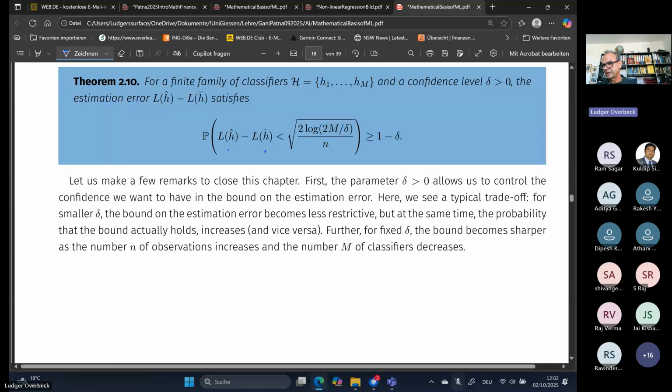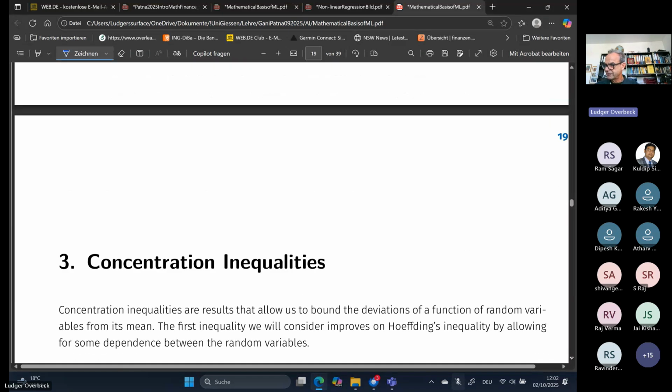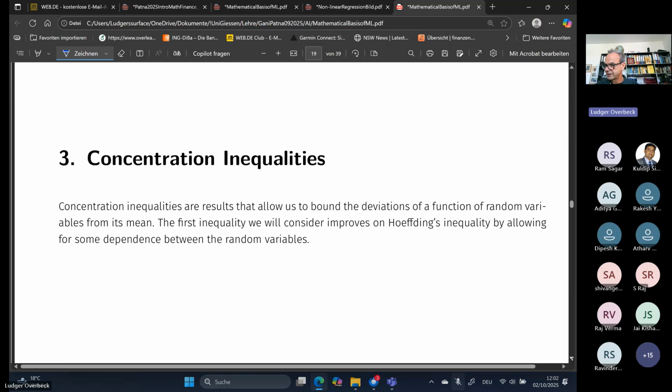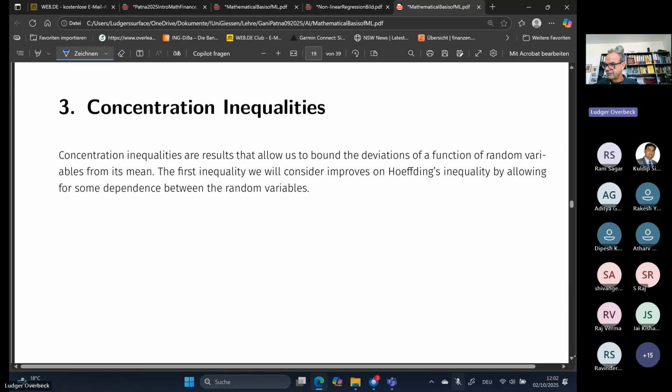We also find this one. So this means if we have only finitely many, we are done. But of course, that's only for education. We get these concentration inequalities. As I said, we don't go into this one.